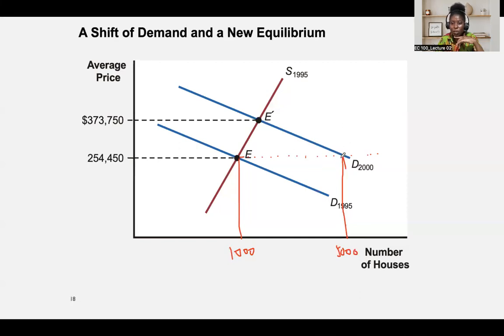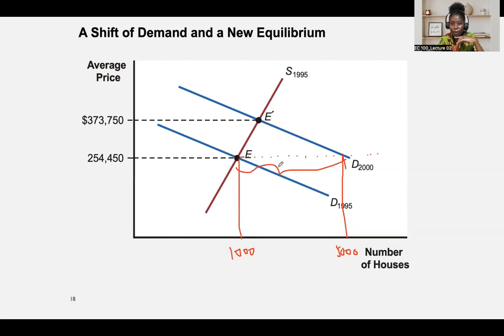But this is not the equilibrium point because it's not interacting with the supply side. Where is supply at this point? Supply is here. So there is a gap at this price with the new shift of demand.